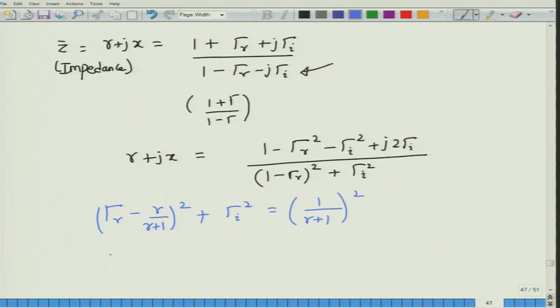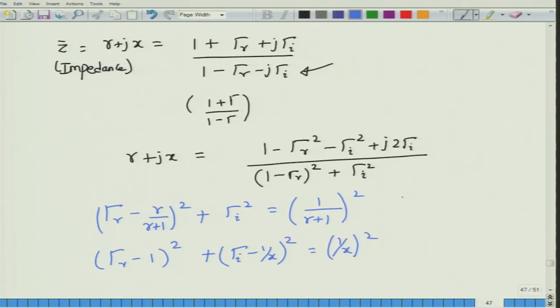Similarly, equating the imaginary parts and inverting the relationship and carrying out a little bit of algebra will give you another relationship, which is gamma r minus 1 square plus gamma I minus 1 by x whole square equal to 1 by x square.